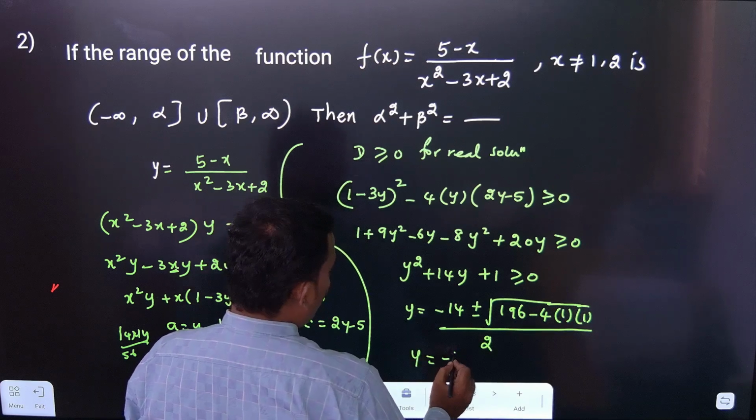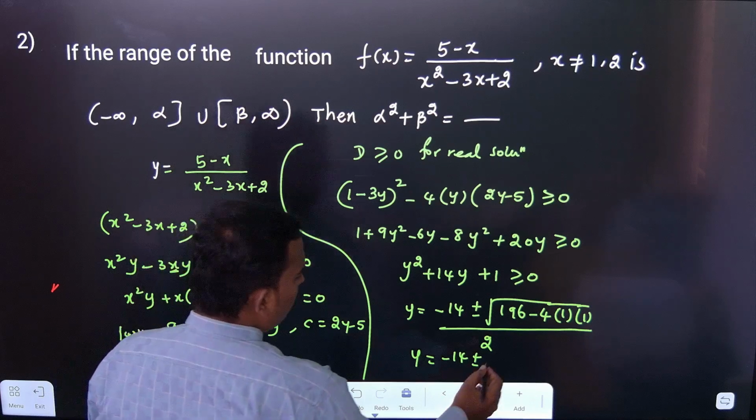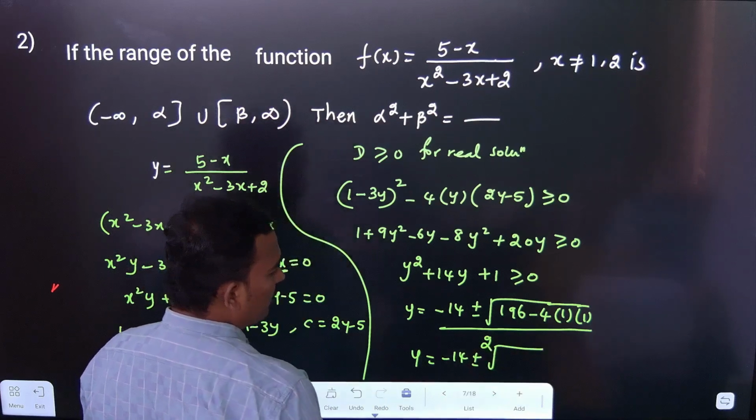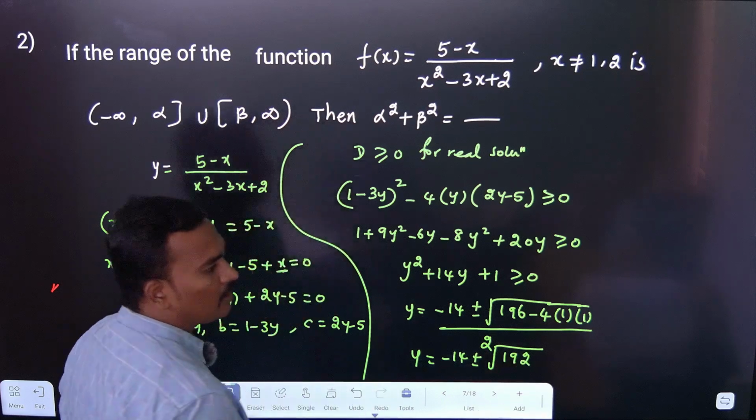So y is equal to minus 14 plus or minus the square root of 196 minus 4, that is 192. Clear?